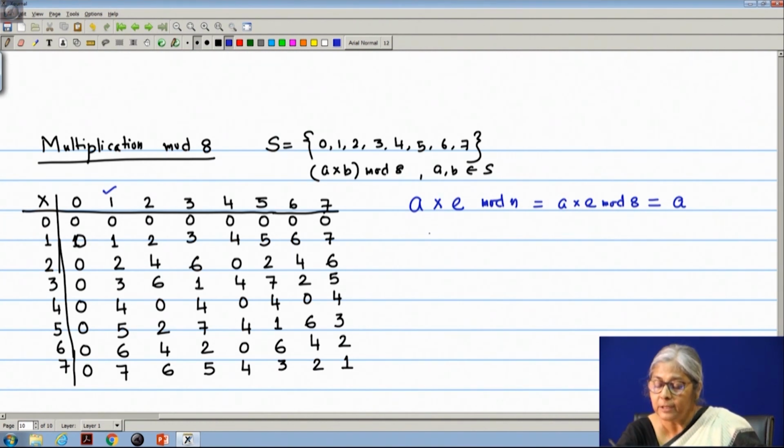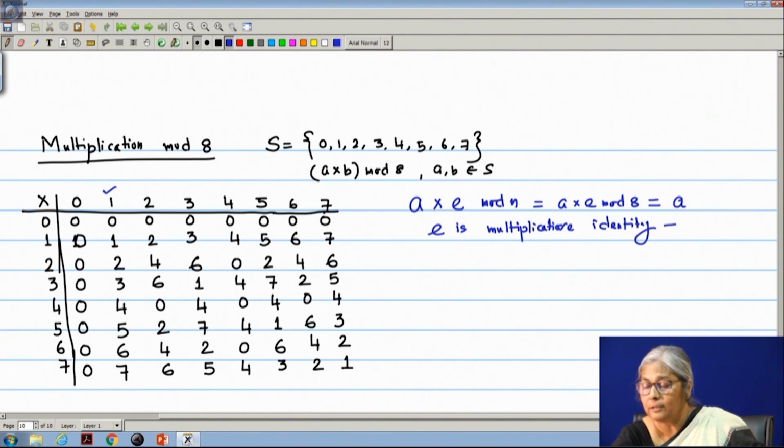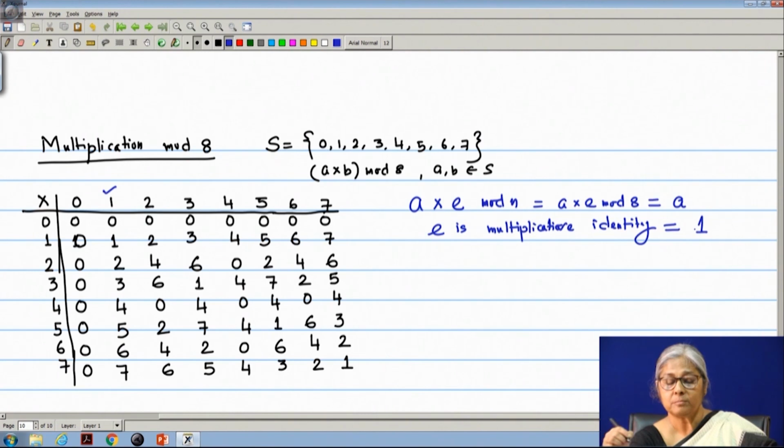So E is the multiplicative identity and is equal to 1. That means for multiplication modulo 8, the identity is 1.